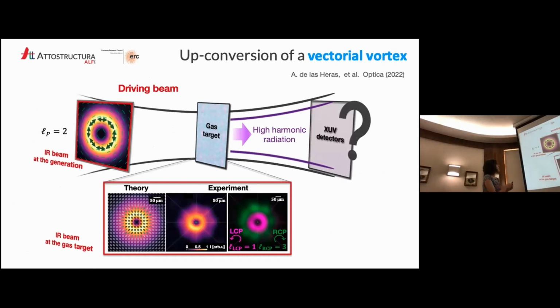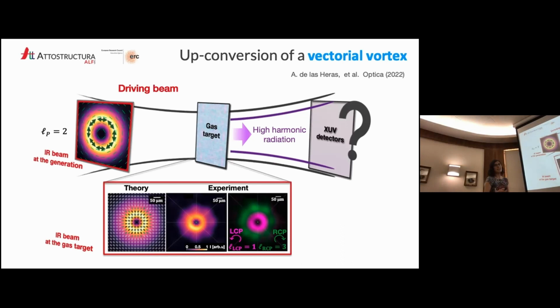We can generate a very clean infrared vectorial vortex at a certain plane, but as this beam propagates towards the gas target, it evolves to a complex distribution where we also have high ellipticities. This is because the two circularly polarized modes do not perfectly overlap at the gas target. This is what we obtain in this experimental characterization of the circular polarization.